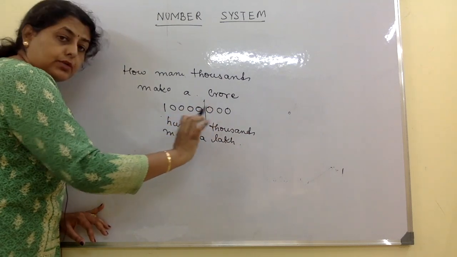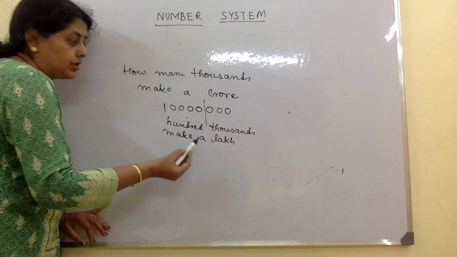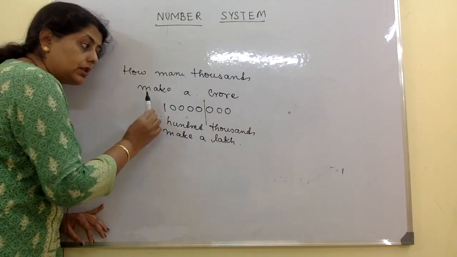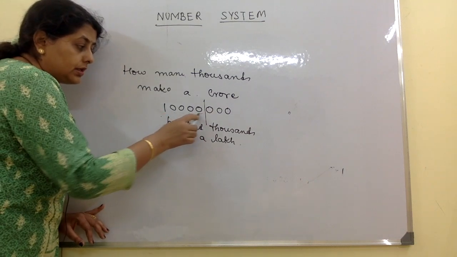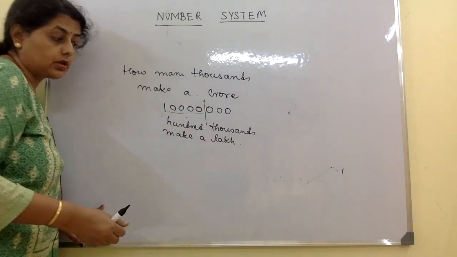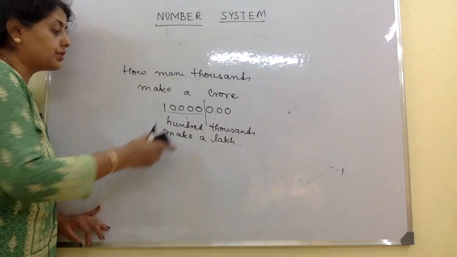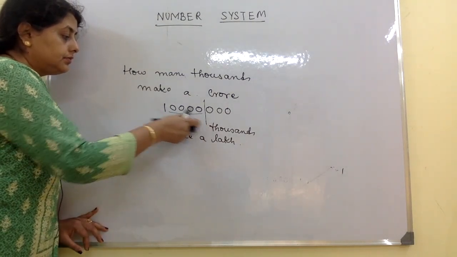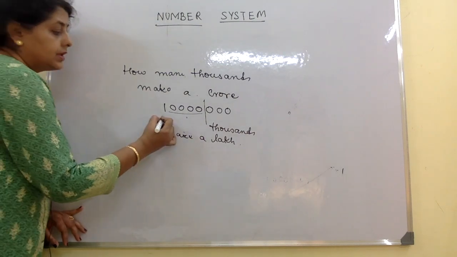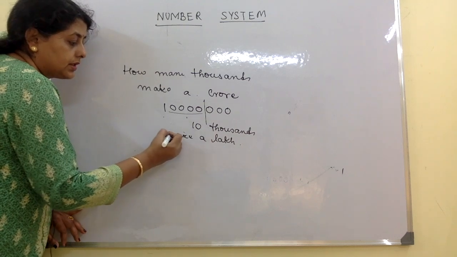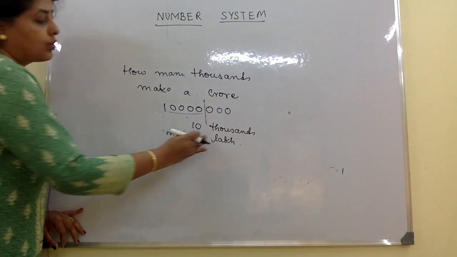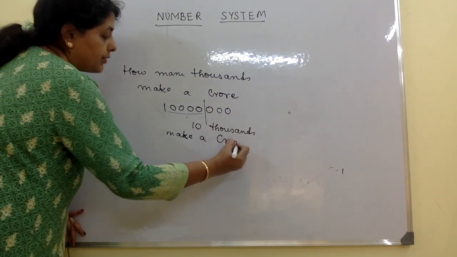After 1000 there should be 3 zeros, so whatever is to the left of that is thousands. That is 10,000, with 4 zeros. So 10,000s make a crore.